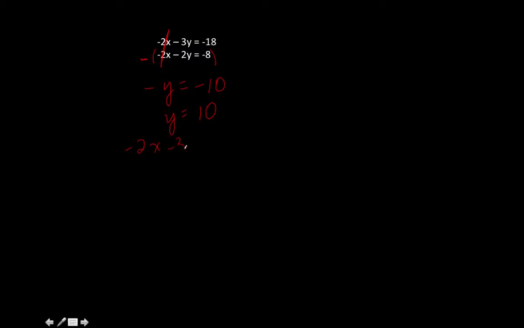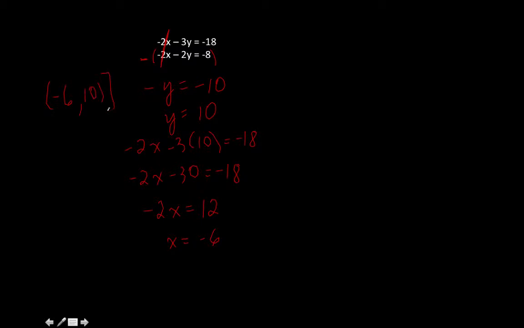Minus 2x minus 3 times 10 is -18. Minus 2x minus 30 is -18. -2x equals, adding 30 to both sides, we get 12. X is -6. So -6, 10.